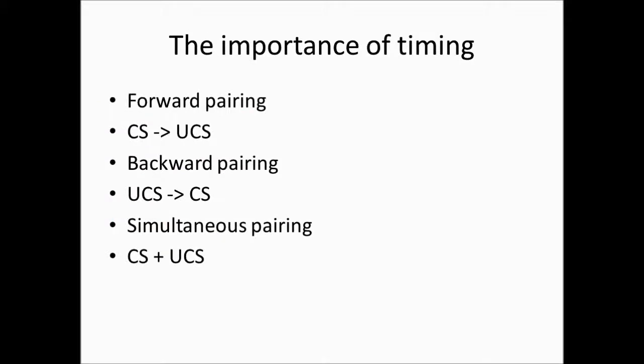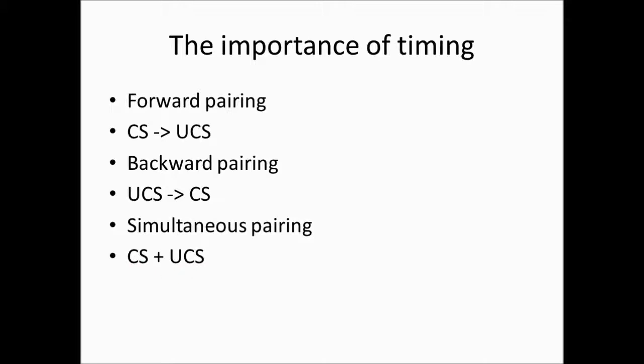Let's just talk about timing for a moment, because that is important when it comes to this. You can present the conditioned stimulus and the unconditioned stimulus together in simultaneous pairing, or one in front of the other.